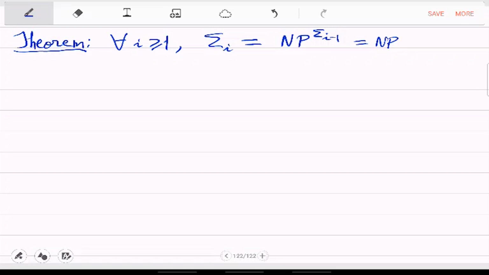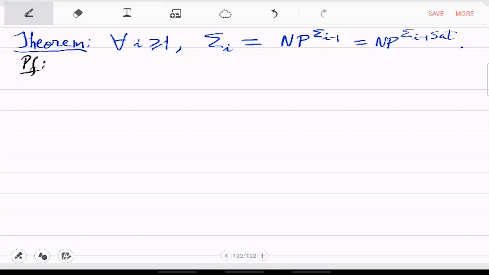That's the complete problem. Okay, so if you give an NDTM sigma i minus 1 oracles, then you actually get sigma i exactly.